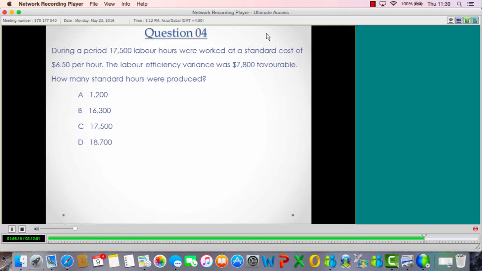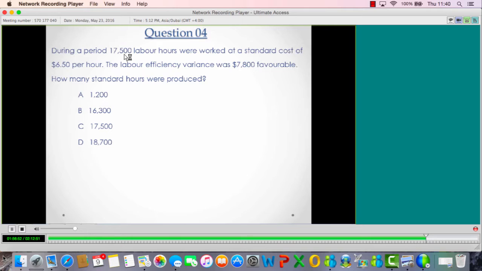Don't get confused now. You're supposed to find the standard hours. That is why they have given the efficiency variance. Now see the first sentence, during a period 17,500 labor hours. Hold on.